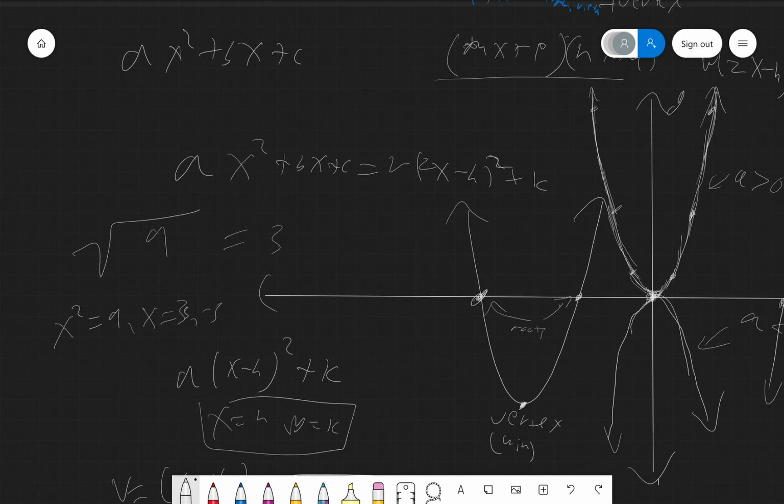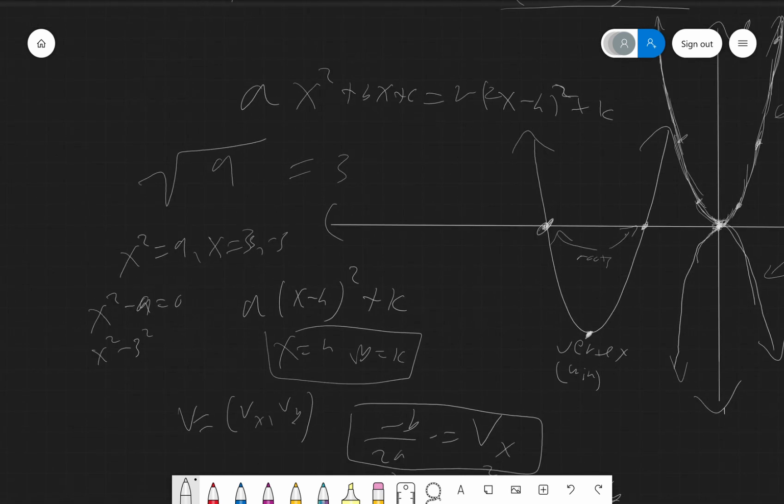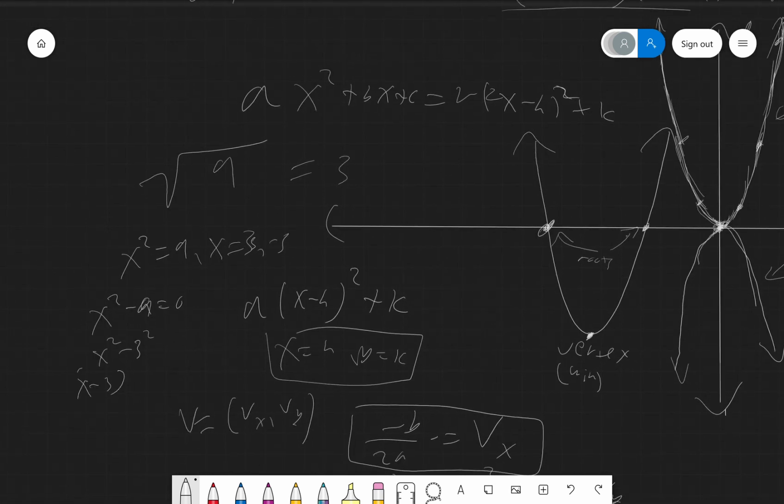Well, if we subtract 9 on both sides, we get x squared minus 9 equals 0. That's x squared minus 3 squared. We can use difference of squares, and we get x minus 3 times x plus 3 equals 0. That's also factoring a quadratic, right? With b equal to 0. And that gets us to x equals 3 and negative 3.